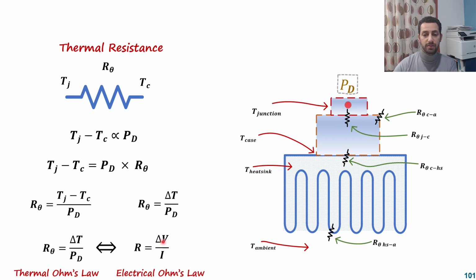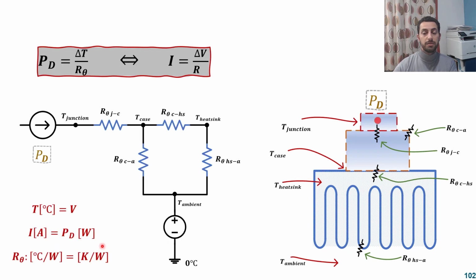And now by taking this equation a little bit further, we have the power dissipation here that's considered as a current source, and that will go through the junction to case thermal resistance. Look at this one, junction to case thermal resistance. And after that we have two ways. The first way is from the case to the ambient, and the second way is from the case to the heatsink.